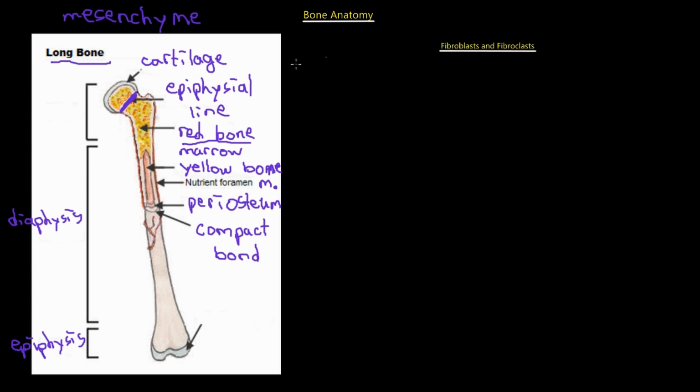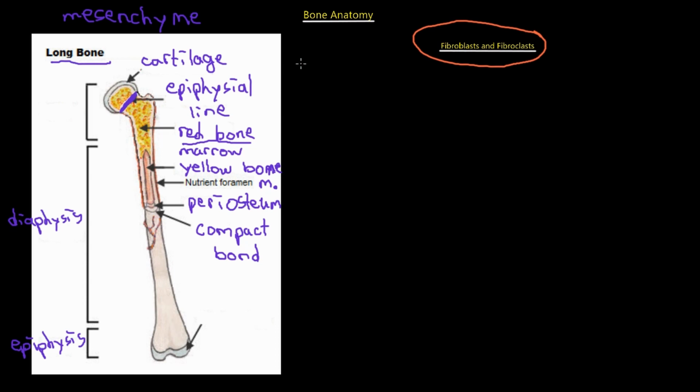So when you break a bone and you are given a cast after realigning, the bones have to come together and grow new bone cells, so to speak, in order to repair the damage. So the repair of the damage happens with a balance of these fibroblasts and fibroclasts. They are cells that break down bone if needed and create bone if needed.